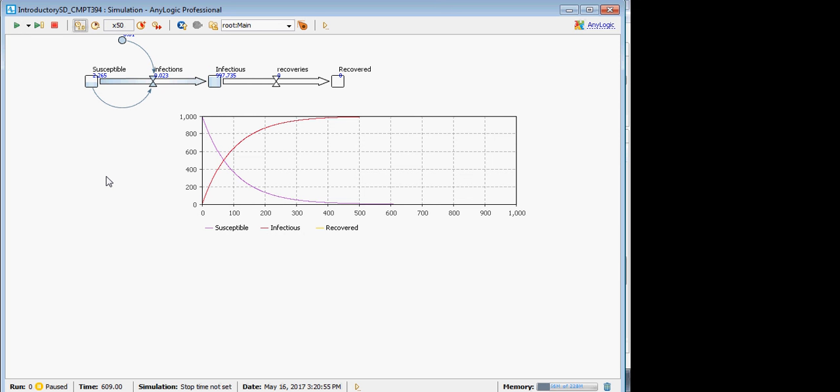At first, with lots of people in the stock, there's a pretty fast rate of decline in the number of people per day who are getting infectious. As the value of the stock goes down, the rate of flow out goes down, and therefore the stock is still being drained, but slower and slower. Slower and slower she drains.